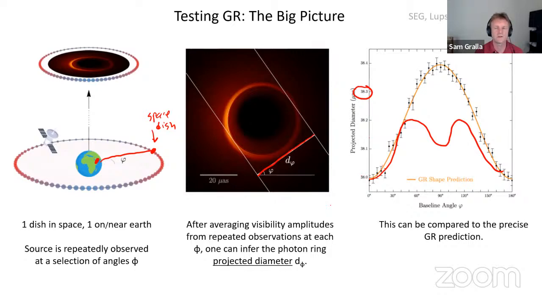You can think of the precision of this measurement as something like the size of the resolution over the size of the feature. So discussing the precision of a null test is always a little dicey.